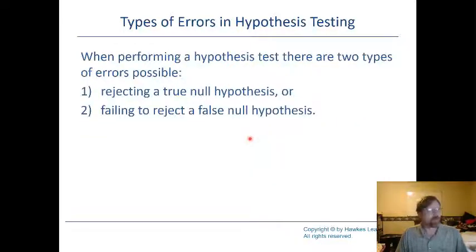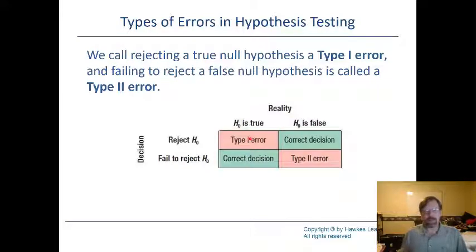There are two types of errors that are possible. You can either reject a true null hypothesis or fail to reject a false null hypothesis. These are given in this handy-dandy little table, which is also on page 599 in your textbook. It's figure 10.2.